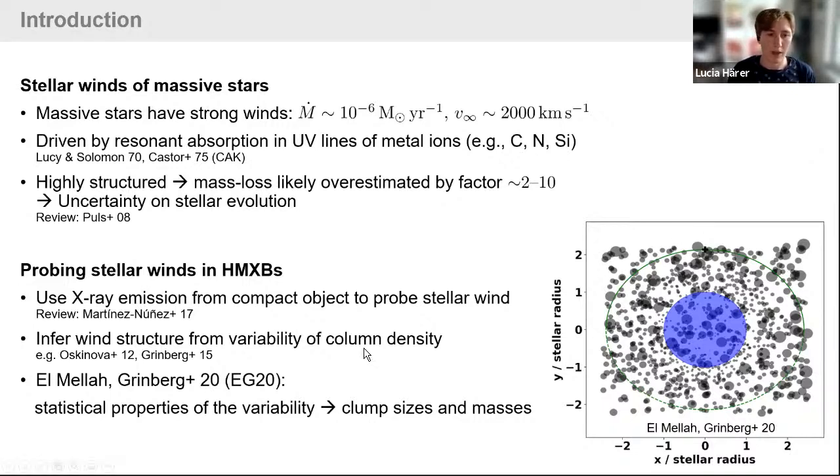I want to highlight one result from Victoria Grinberg et al., with whom I've also worked on this project. They devised a model and showed that statistical properties of the variability can be used to infer masses and sizes of clumps that the stellar wind consists of, as shown here.